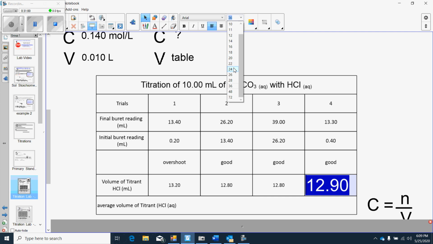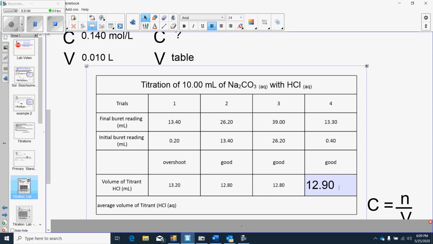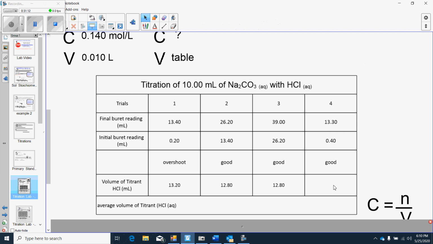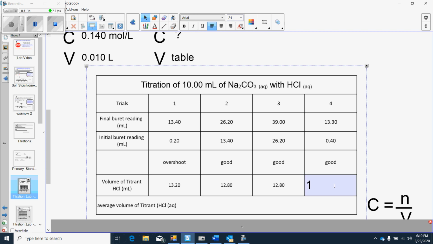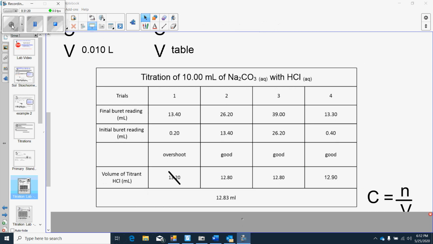All right, so we get 12.9. Good idea. Oh my goodness gracious. I am back. I just had to pause for a minute so you didn't hear me freak out about trying to get this into the right font.